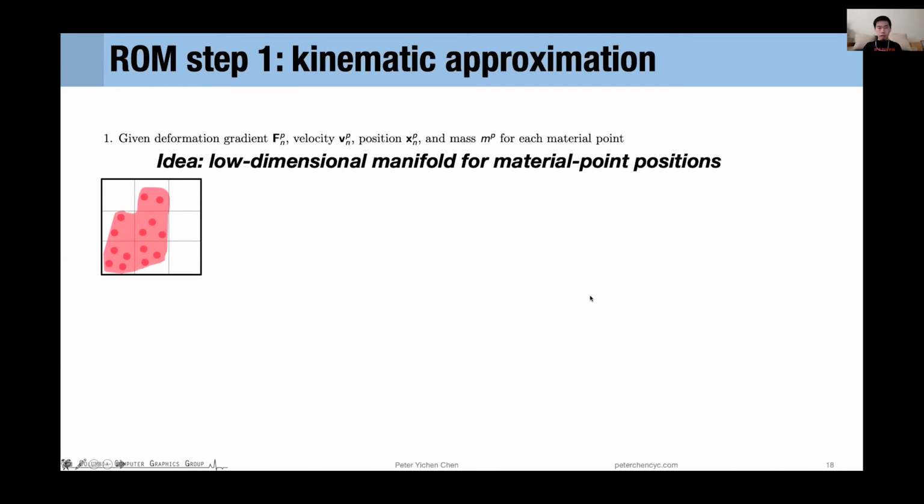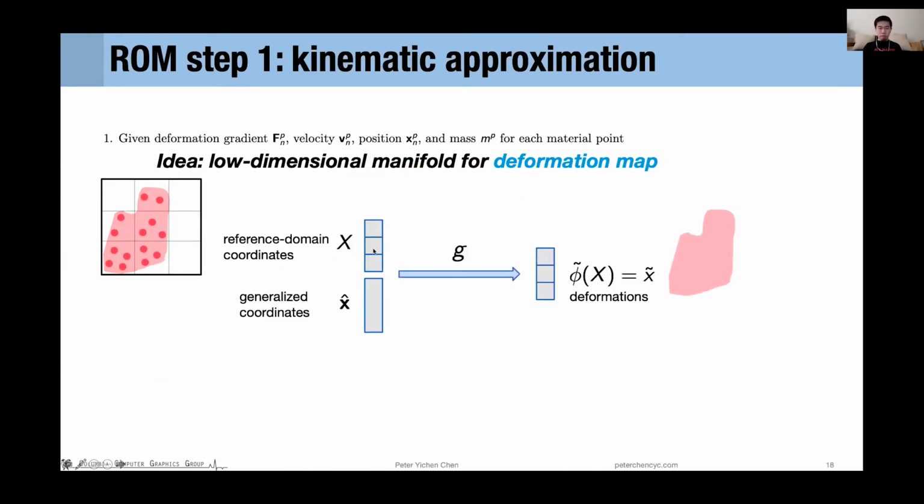And so instead of learning the positions, we chose to learn the deformation mapping, which is a function that maps from the reference domain to the deformed domain. In other words, instead of constructing a low-dimensional manifold for a finite number of material points shown here, we're constructing a low-dimensional manifold for the deformation mapping, which is a function that can map an infinite number of material points from its reference domain to its current domain.